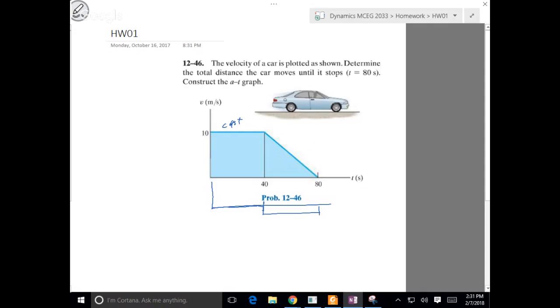Rise over the run: a rise of 10 over 40, or minus 0.25. And the distance he moved was, this is 400, and is this 200? Yeah, so he moved s equal to 600 meters. And that's it.